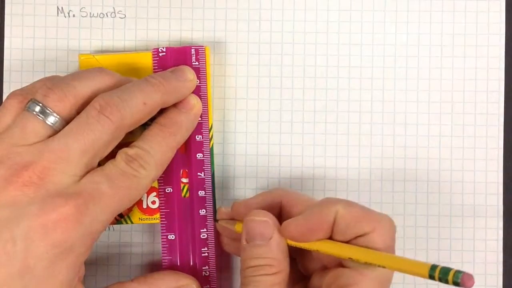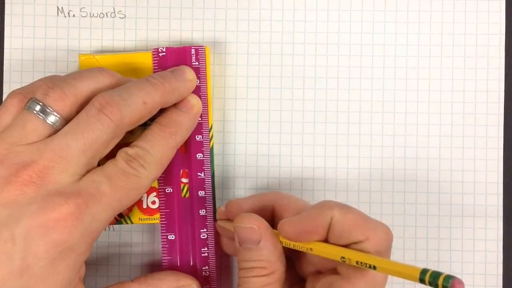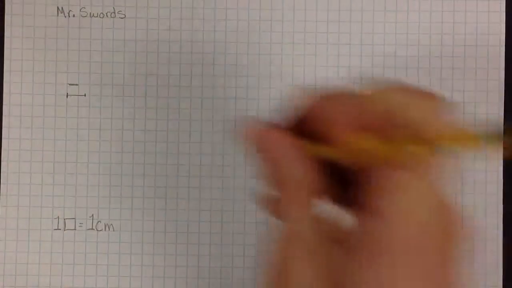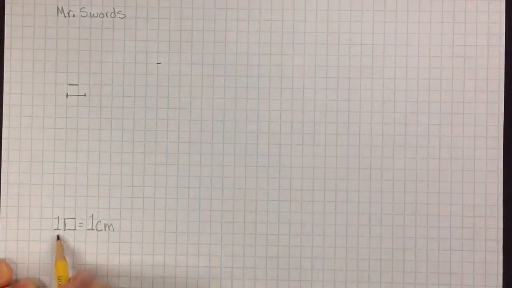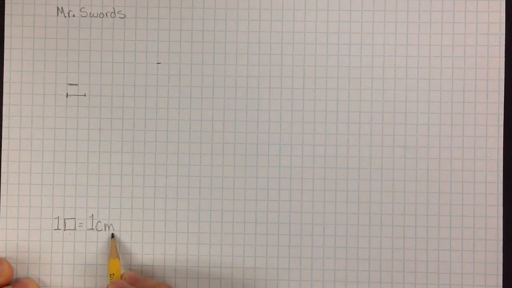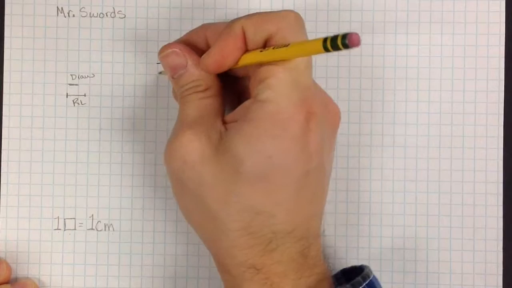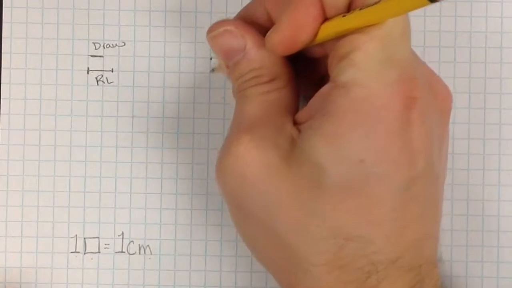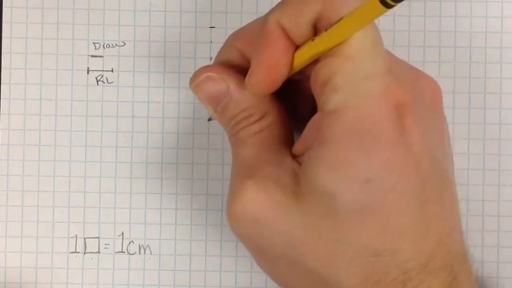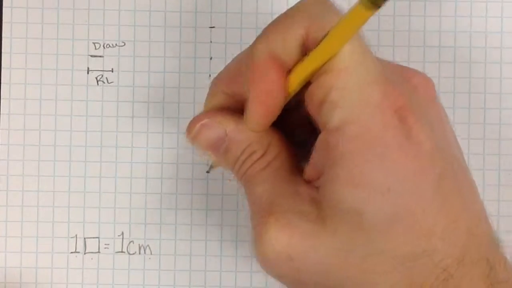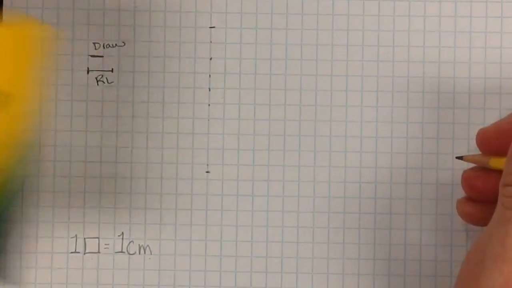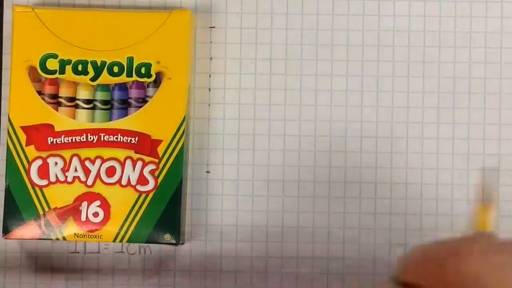My dimension for the height of this rectangular prism is 9.5 centimeters. So I'm going to make a 9.5 centimeter box, noting that 1 box equals 1 centimeter in real life. So I need 9.5 boxes. 1, 2, 3, 4, 5, 6, 7, 8, 9.5. I'm going to put a little mark there, then I know where to stop with my ruler.